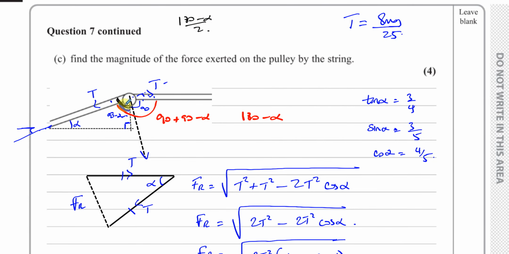So I'm going to have t times the cosine of 180 minus alpha over 2 for this side, plus t times the cosine of 180 minus alpha over 2. So you'll have 2 times t times the cosine of 180 minus alpha over 2.